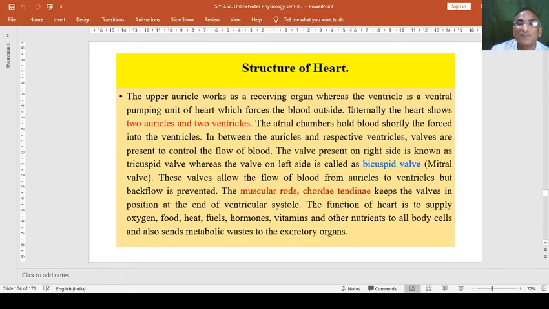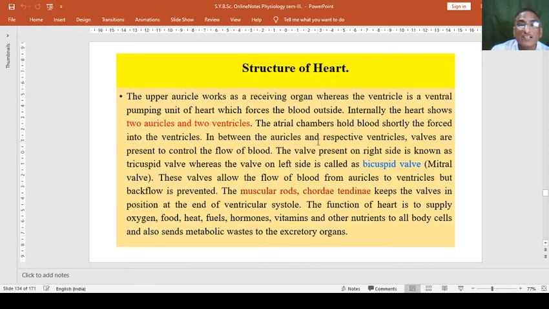This is very simple. Internally, the heart shows 2 auricles and 2 ventricles, left and right auricle, left and right ventricle. The auricles are generally known as atria. So the atrial chambers hold blood shortly before it is forced into the ventricles.